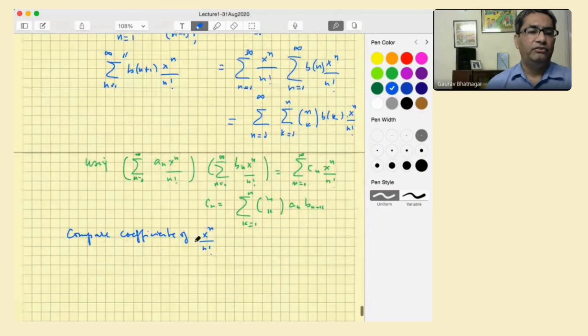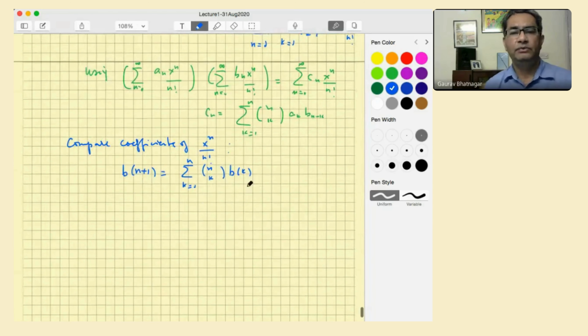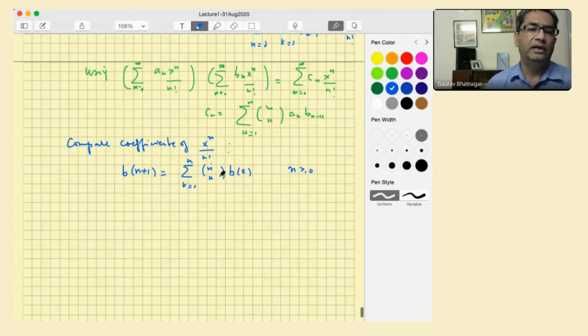When I compare coefficients of x to the n on both sides, I get b(n plus 1) is equal to summation k going from 0 to n, n choose k, bk. So b(n plus 1) is in terms of b(n) and below, and this is for n bigger than or equal to 0, and b0 is defined to be 1. Using these two you can calculate.